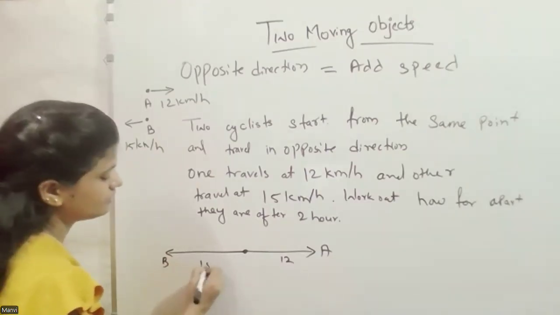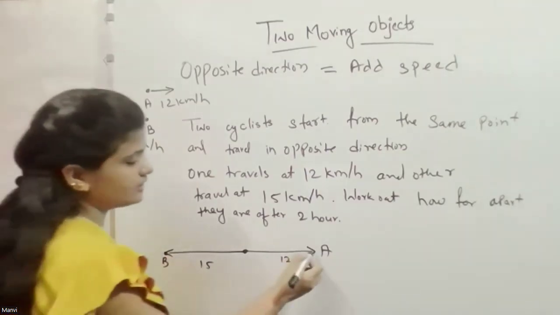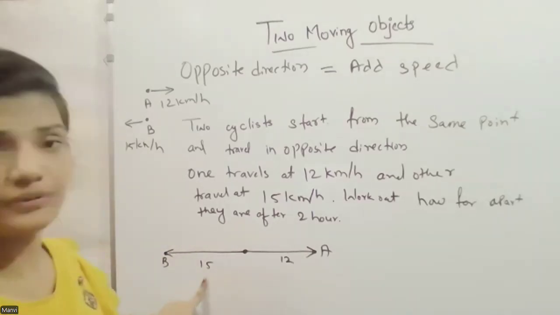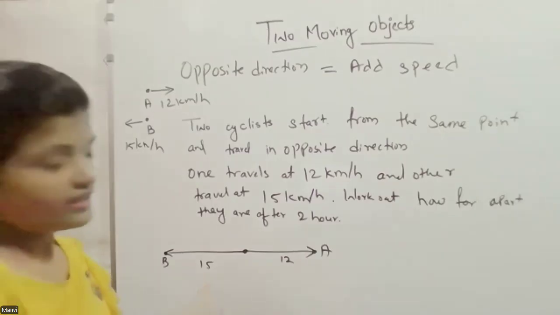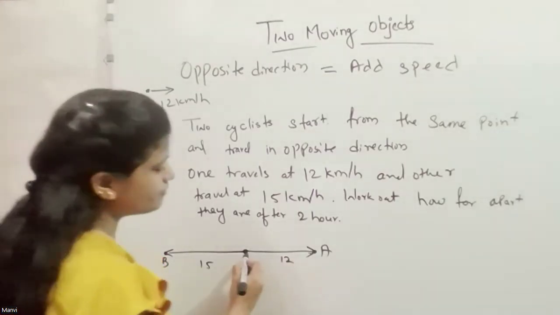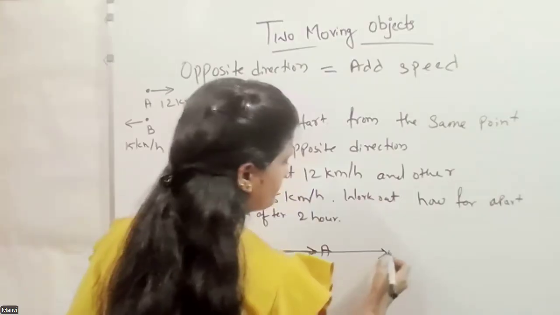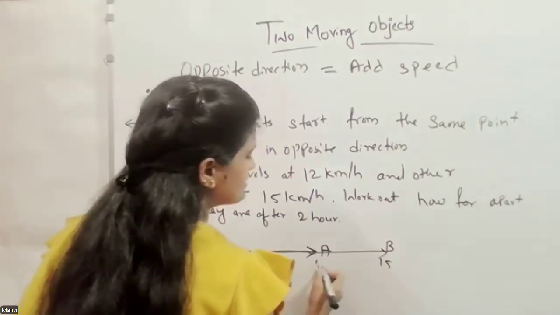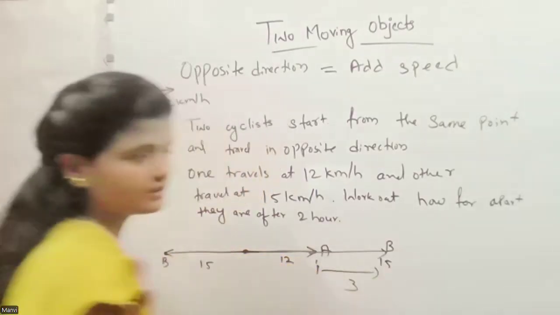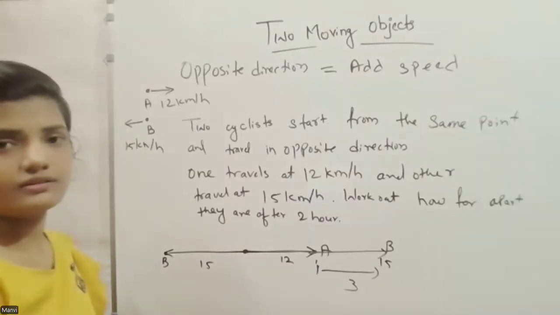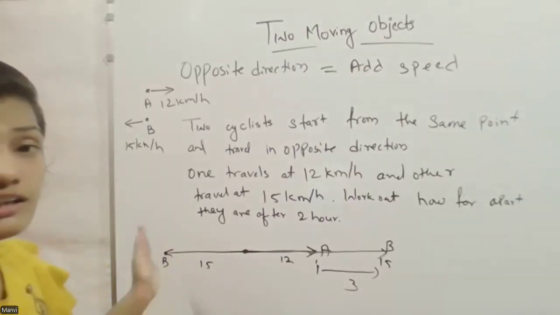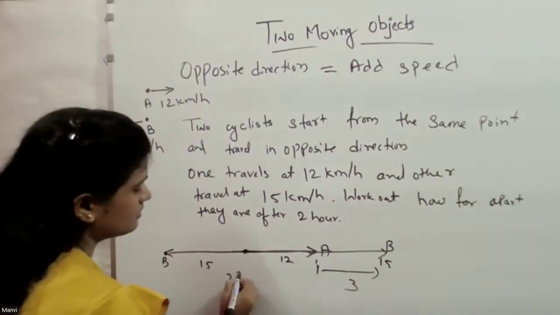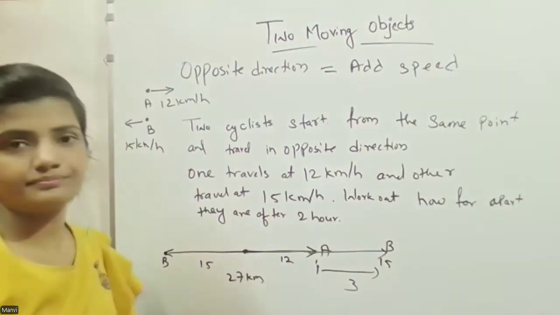So B is here. So the distance between A and B after 1 hour is 12 plus 15, not minus. If A goes this way and B also goes the same way, B is at 15, and we can say the gap is just 3 kilometers. But here both are not going the same way. They are going in different directions. So the distance is 27.